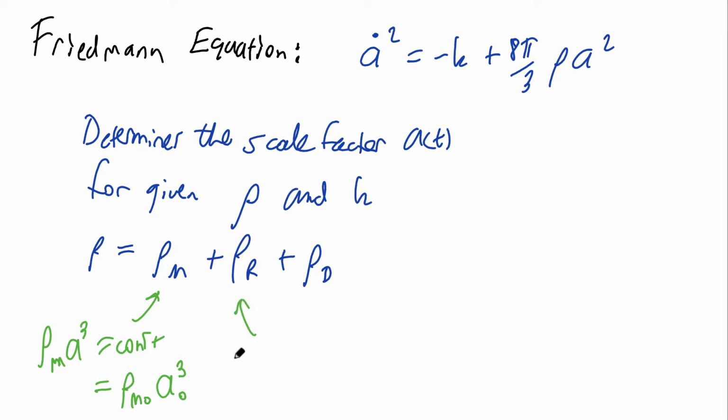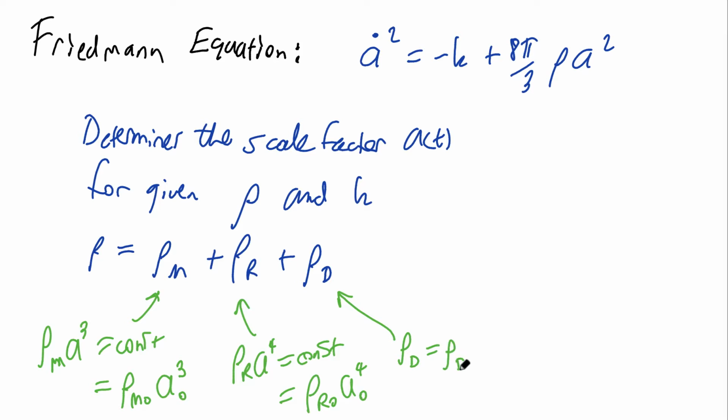And likewise, the radiation component satisfies rho r times a to the fourth is a constant, and that's just equal to the present value of rho sub r times the present value of the scale factor to the fourth power. And of course, rho sub d is already a constant, so we can write that as the value of the constant at the present time, rho sub d0, just for emphasis.